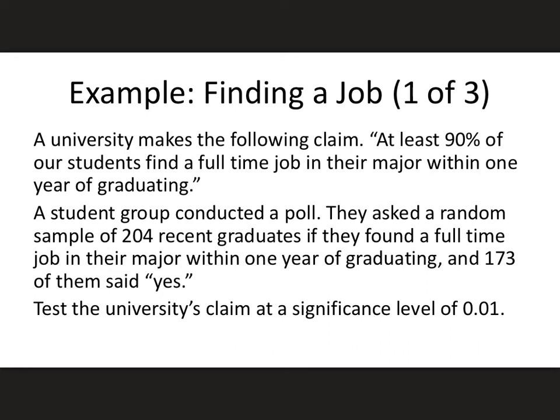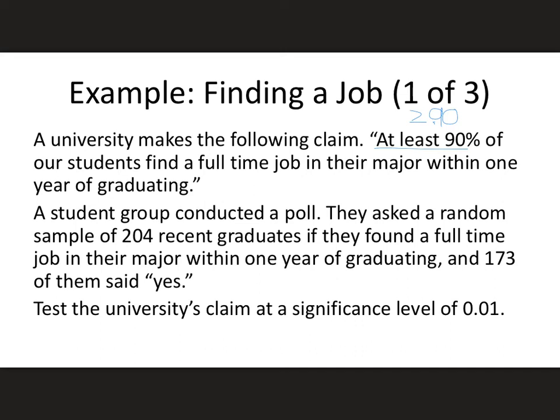We have another example of finding a job. A university makes the following claim: at least 90% of our students find a full-time job in their major within 1 year of graduating. So at least 90%, that we know is going to be greater than or equal to 0.90. A student group conducted a poll.